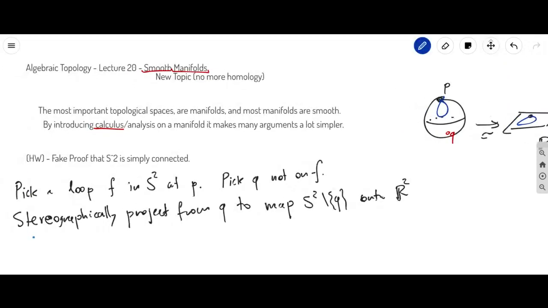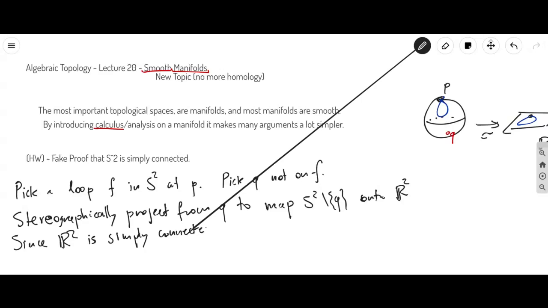Then you would say that since R2 is simply connected, we can shrink the image of F in R2 down to a point.